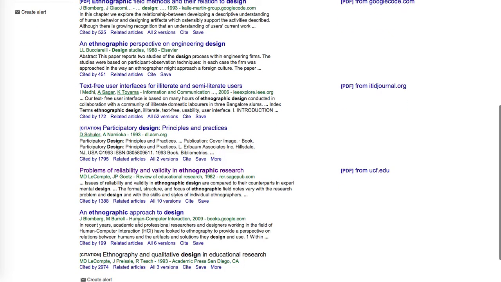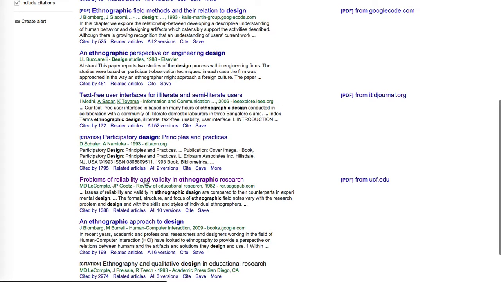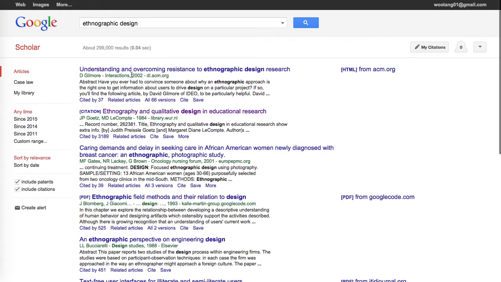An ethnographic approach to design. Problems of reliability and validity in ethnographic research. So you have an understanding of the year, where it was published, how many times it's been cited, how many different versions. That's very important information when you are looking through your search results on Google Scholar.